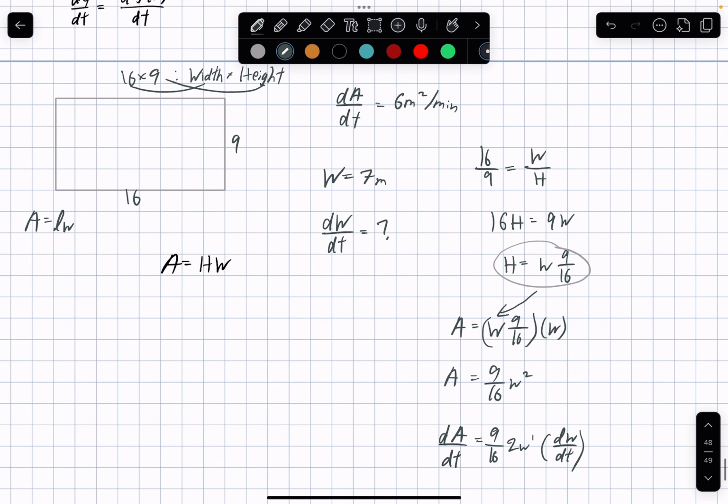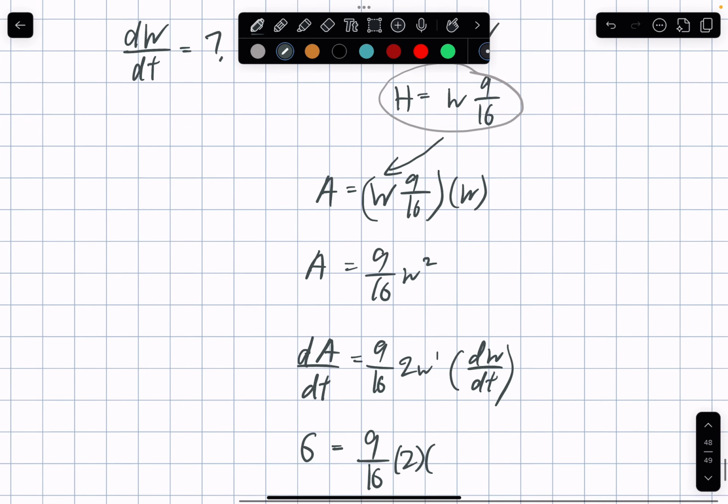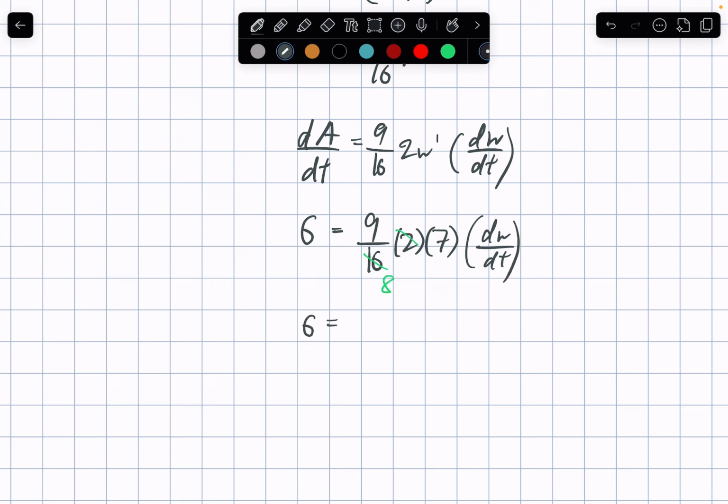And earlier, it was mentioned that we have the value of dA over dt, 6, right? So 6, 9 over 16 times 2 times w. w is said to be what? 7, right? Cancel. 48 equal to 63.